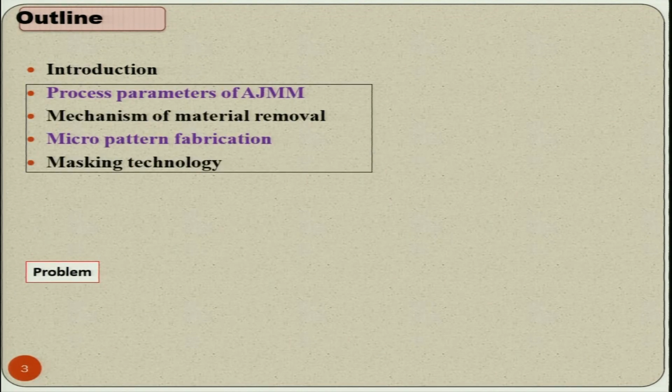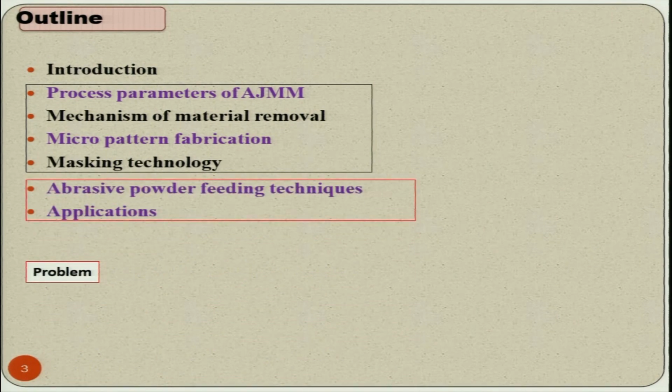Then we will discuss the process parameters of abrasive jet micromachining, then the mechanism of material removal in abrasive jet micromachining, and the different types of micro patterns that have been fabricated by some of the researchers will be presented to you. Then important is the masking technology.